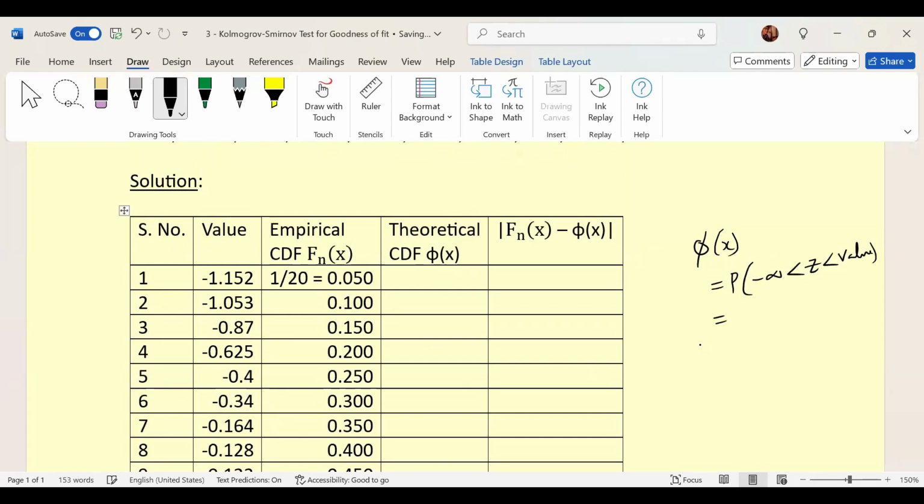For example, the first one, serial number 1, is the probability of Z less than negative 1.152. We get it from the standard normal tables. Let us see what the table shows.